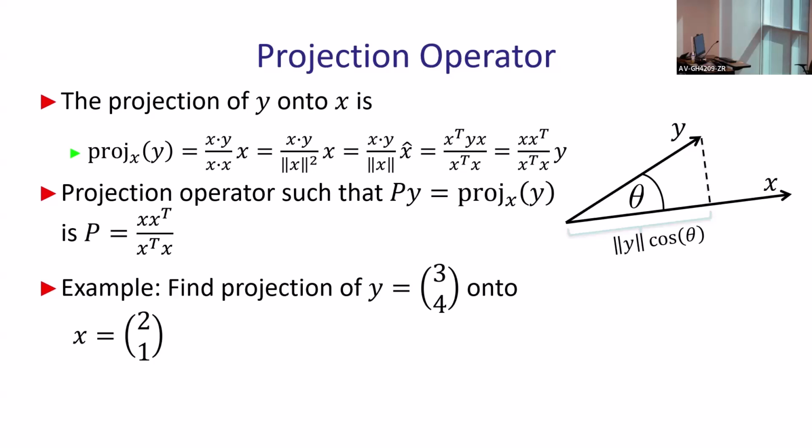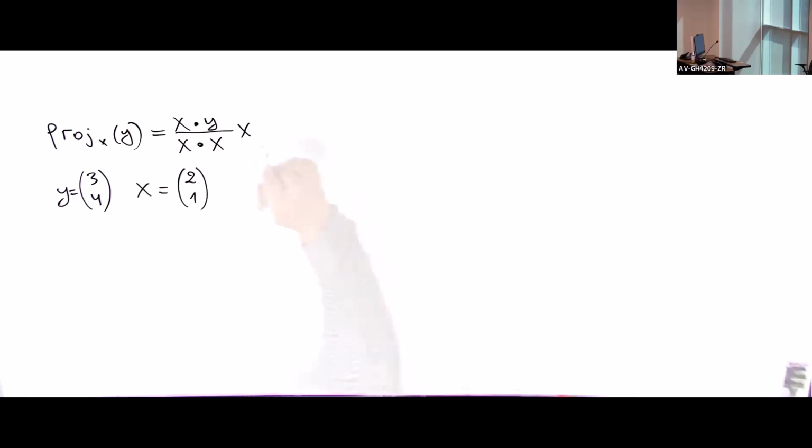Yeah, sure. X dot y over x dot x times x. I use the first formula, and now we have y equals 3, 4, and x equals 2, 1. Right? So let's put numbers in.